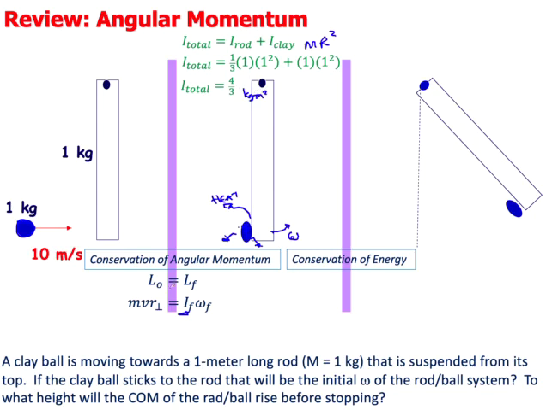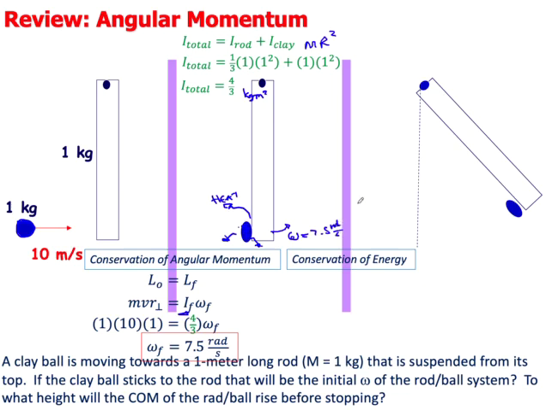Now I can solve this part down here. Mass, velocity, radius for the clay blob equals the rotational inertia of this system, 4/3, times omega final. If you solve that, you'll discover the system is moving with an omega of 7.5 radians per second after the clay blob hits and sticks to it.